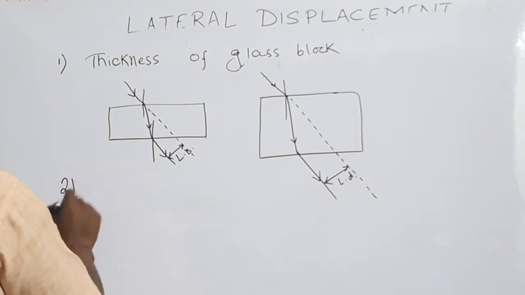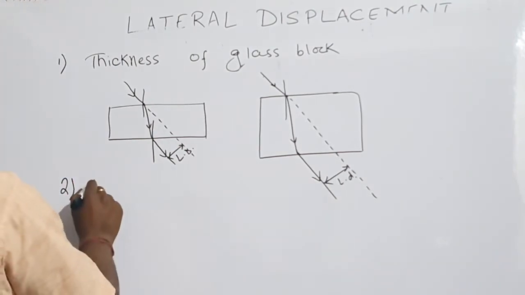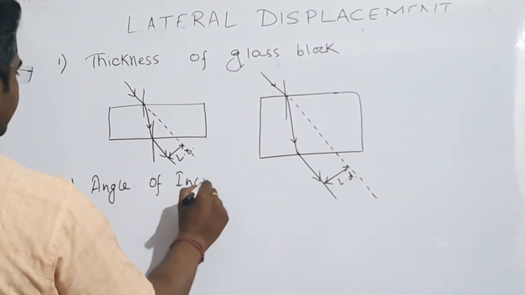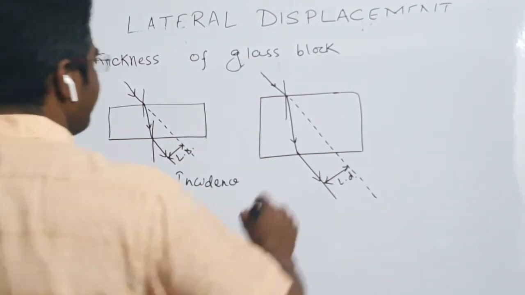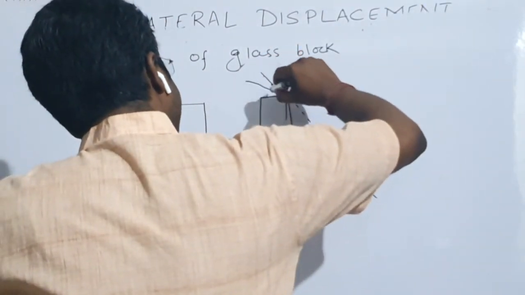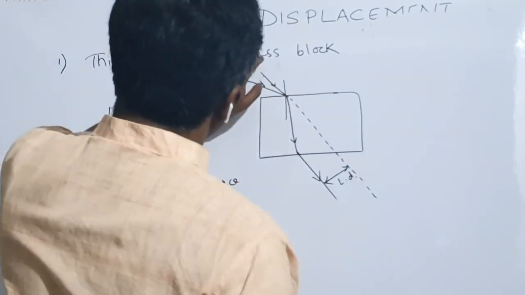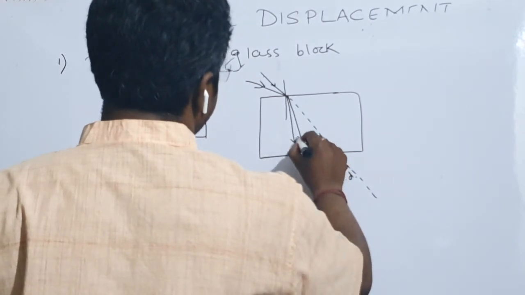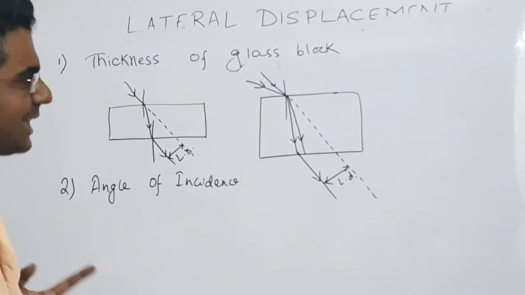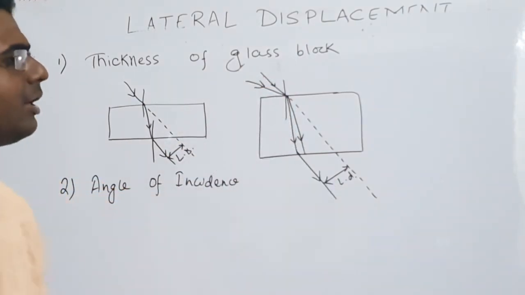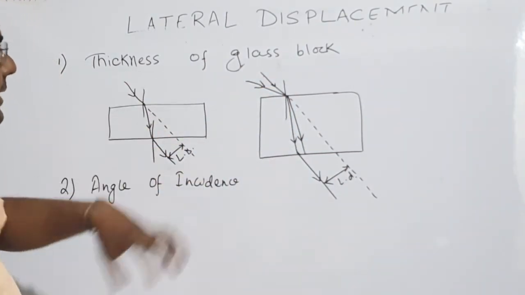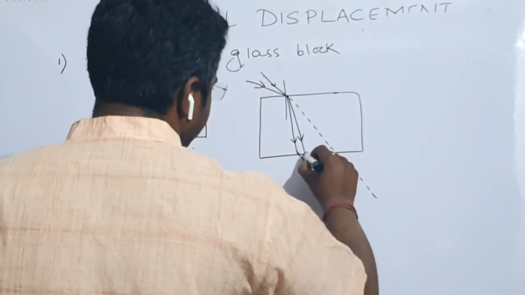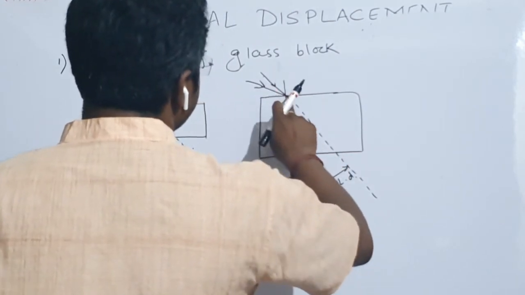Number two is angle of incidence. So we'll take the same diagram. If I have increased the angle of incidence like this, okay, let's see what happens. Obviously my refracted ray will also be a little bit less bending, because the angle of incidence and angle of refraction is more or less in the same way, because the refractive index is constant. After this it will go parallel to this.